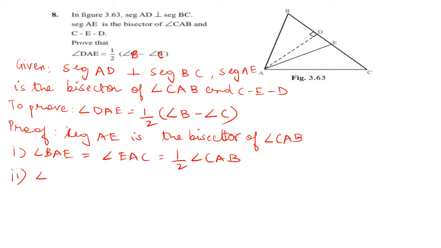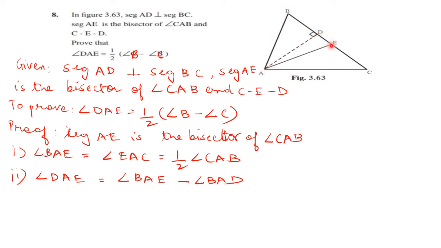So angle DAE is equal to angle BAE minus angle BAD. Now what does this mean? Angle DAE is equal to the bigger angle BAE minus BAD.